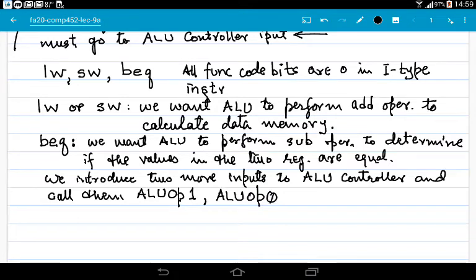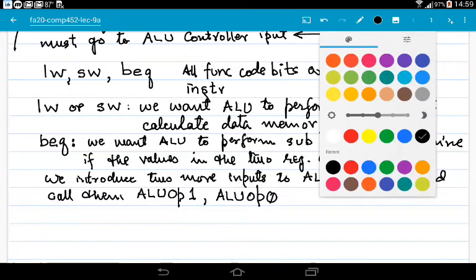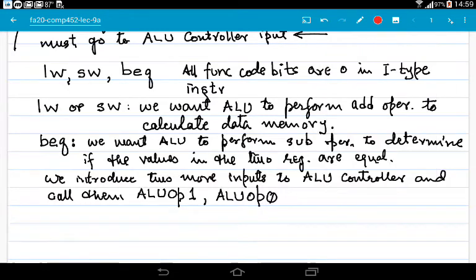So now how many inputs do we have in total? We have 8 inputs. 6 of them are function code bits, and the remaining 2 are ALU op0 and ALU op1. Now the question is, who is going to control ALU op0 and ALU op1?